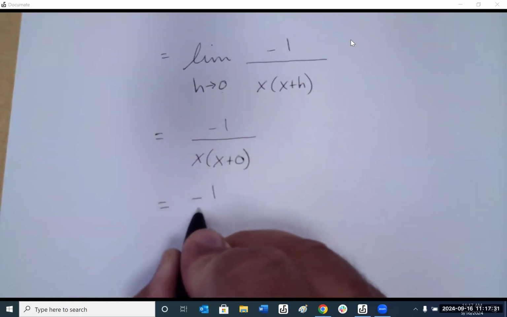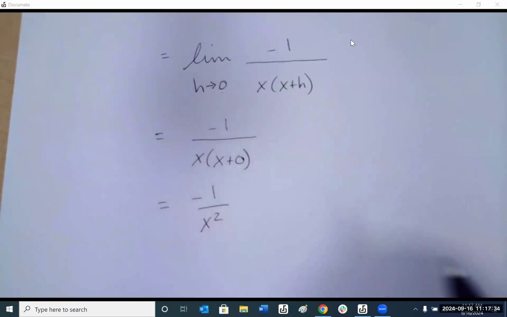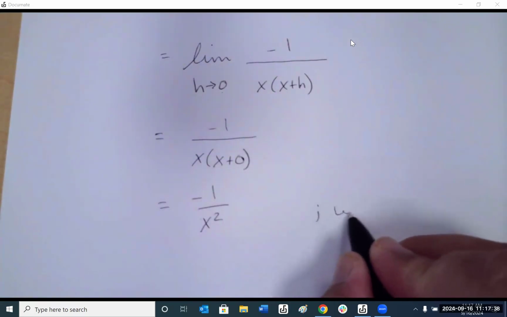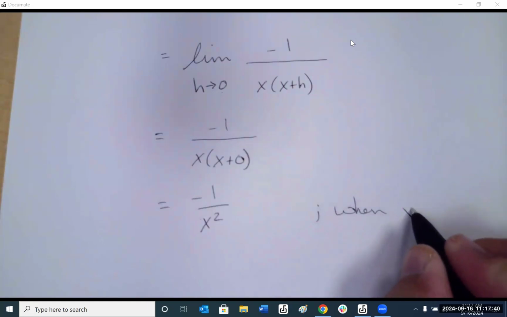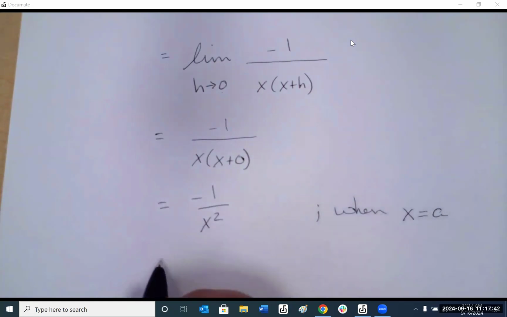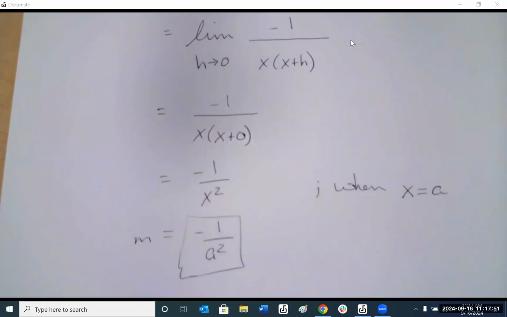And that gives us negative 1 over x squared. When x equals a, we get negative 1 over a squared. That's my slope.